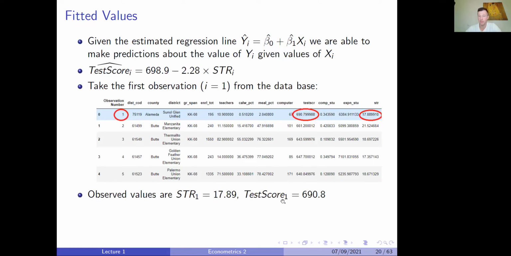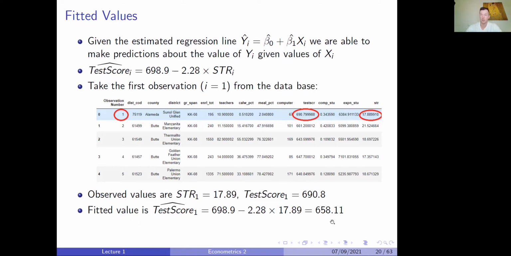So observed values are here. But if the test score depended only on the student-teacher ratio, then we would expect this value, 658.11. So once again, we observe this value of a test score in a district, and 658.11 is the predicted value.